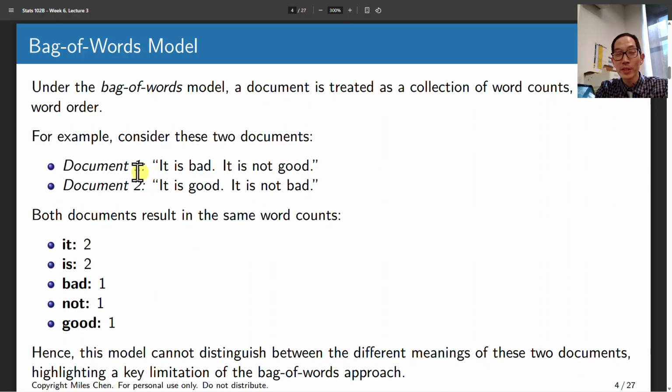The word counts for document 1 are exactly the same as for document 2, so the bag of words model treats these two documents as exactly the same. It cannot distinguish the different meanings, because the vectorized version is going to be exactly the same.